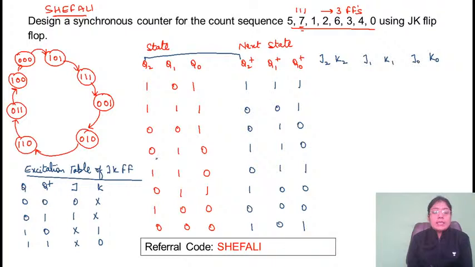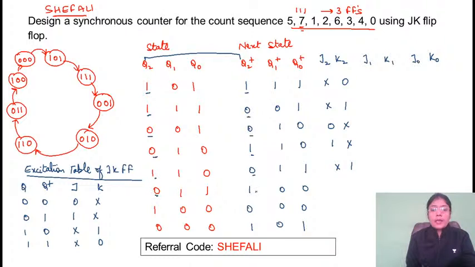Now use the excitation table for Q2 and consider the bits Q2 and Q2 plus. For 1, 1, it's cross 0. For 1 and 0, it's cross 1, don't care 1. For 0, 0, it's 0, don't care. For 0, 1, it's 1, don't care. For 1, 0, it's don't care 1.